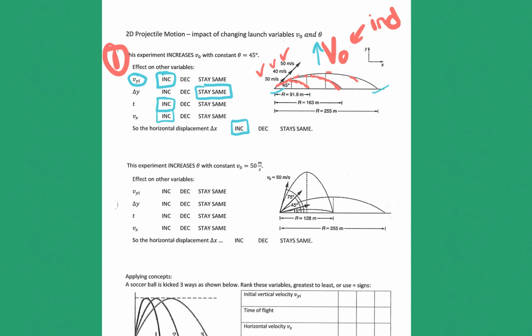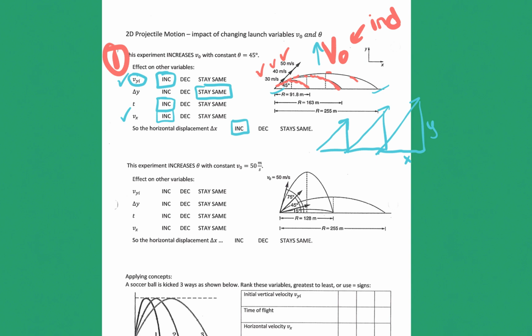The reason why the 2 components increase is because the 30 versus the 40 versus the 50 would each have slightly larger and larger x and y components. Those are the velocity components. So that's a good start. The delta y is the same because they all start and end at the same height.